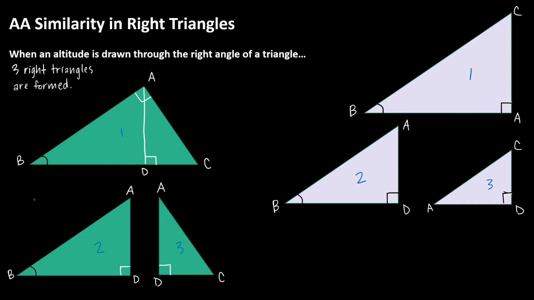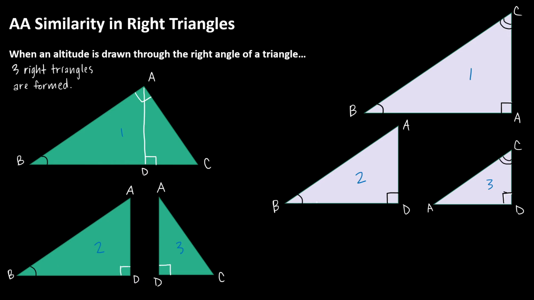They're the exact same angle, so angle B is congruent to angle B. When I look at the relationship between triangles 1 and 3, the biggest triangle and the smallest triangle, I'm noticing that they're sharing angle C. Angle C is the exact same angle. It's shared.